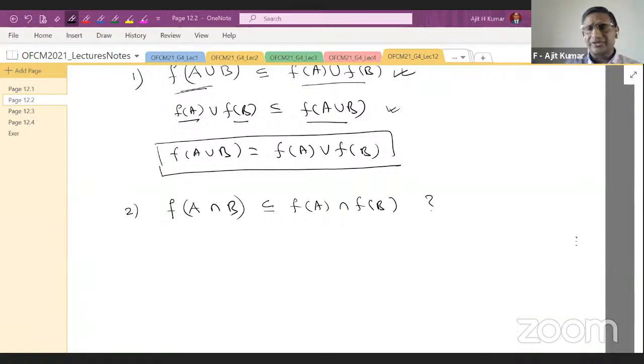So A intersection B is always a subset of A, right? And it is a subset of B. So therefore, this is always a subset of this.